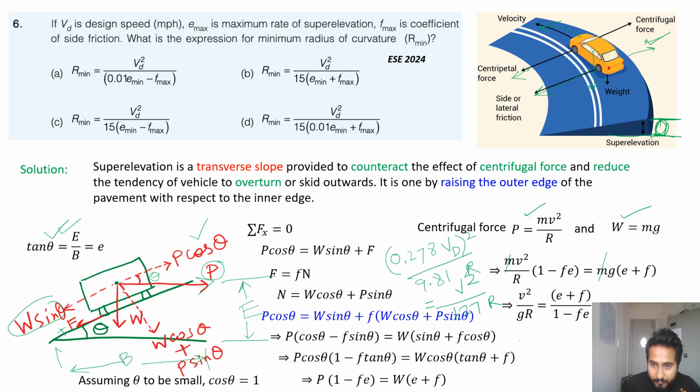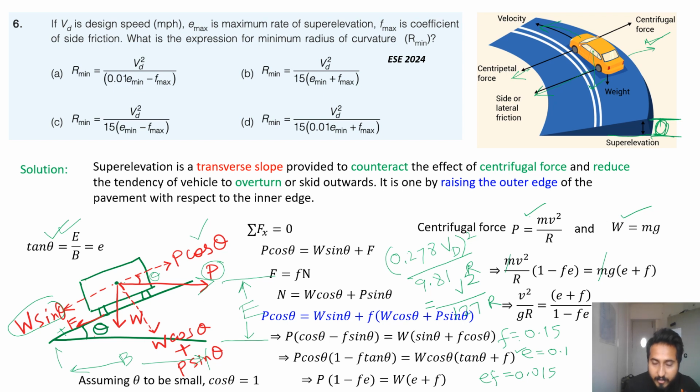Now the maximum value of f is 0.15. The maximum value of e is 0.1, that too for hills. So what will e into f maximum be? 0.015. So it is very negligible compared to 1 when we are using e maximum.